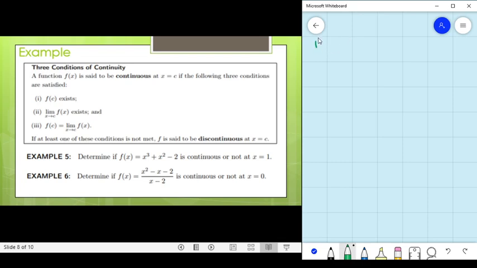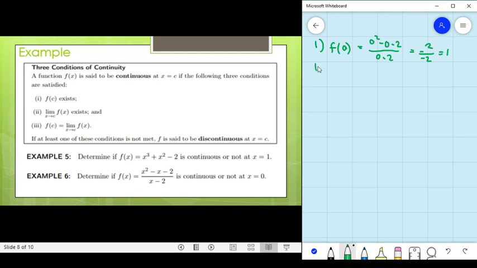For the first one, f of 0 is equal to 0 squared minus 0 minus 2 all over 0 minus 2. So we have negative 2 over negative 2 is equal to 1.